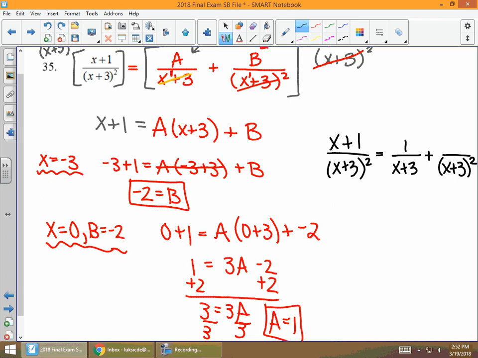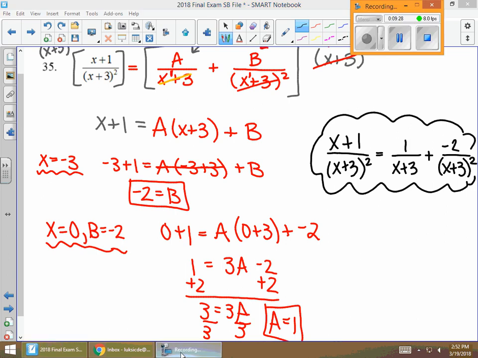And our numerator for b goes over our squared, that's negative 2. You can always find a common denominator and add those fractions and make sure you get x plus 1 over x plus 3 quantity squared. You are just undoing that common denominator system. All right, that's partial fraction decomposition.